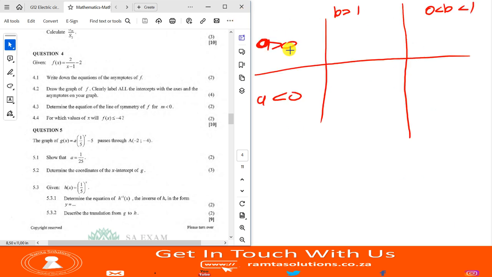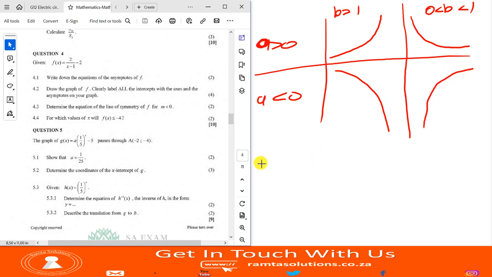When a is positive, your graph lies above the asymptote, so it'll be increasing, concave up. When b is greater than 0 but less than 1, it'll be decreasing, concave up. Now when a is less than 0 and b is greater than 1, it is like this. And when b is greater than 0 but less than 1 and a is negative, it is like this.